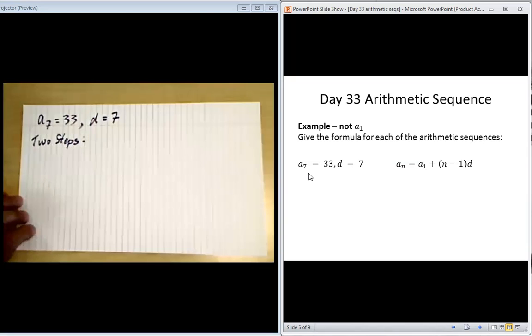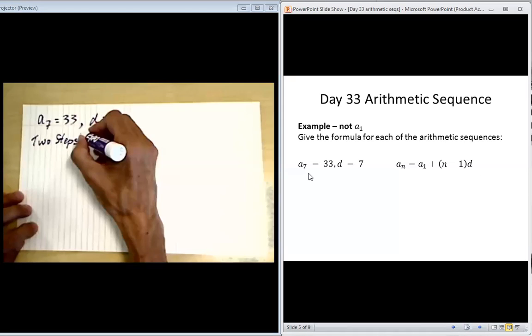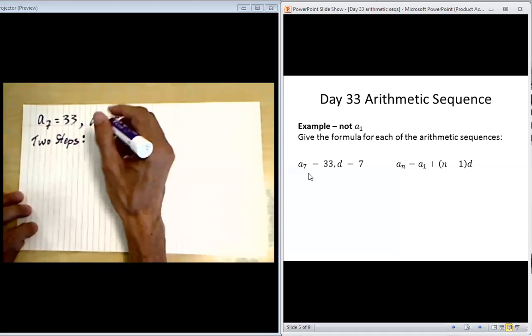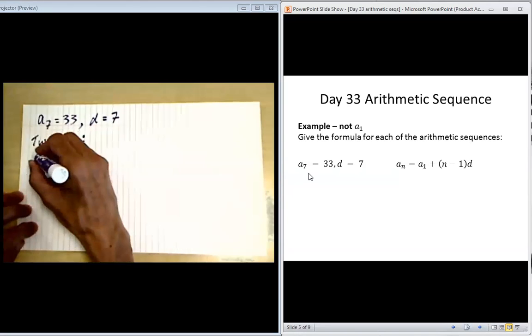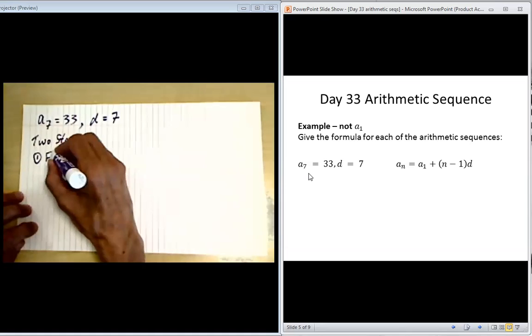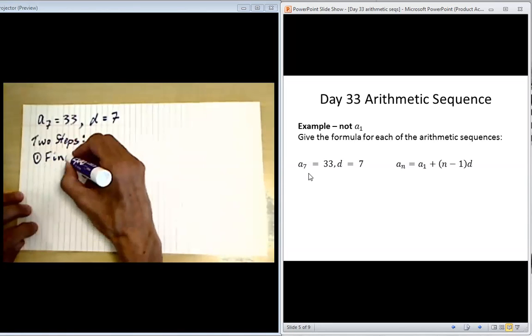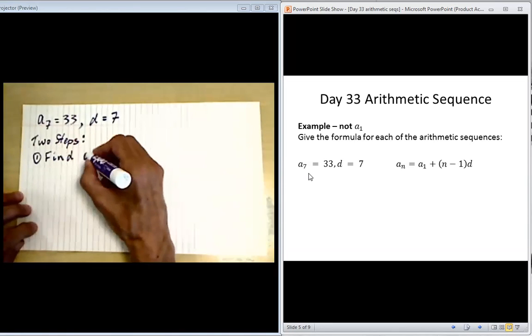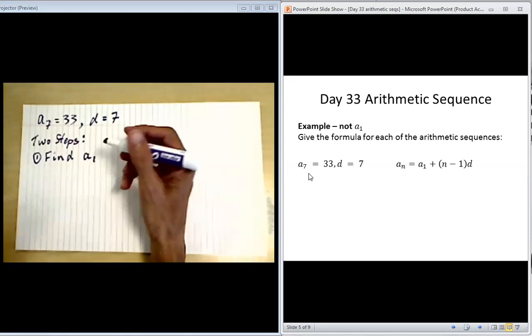Two steps. The first situation is that you find A1 first. Because I think we'll see that's going to be missing.